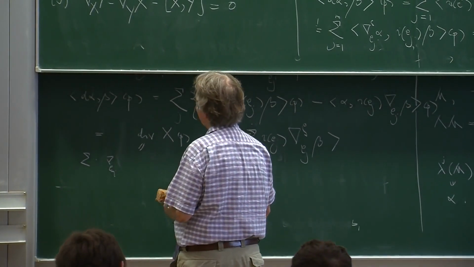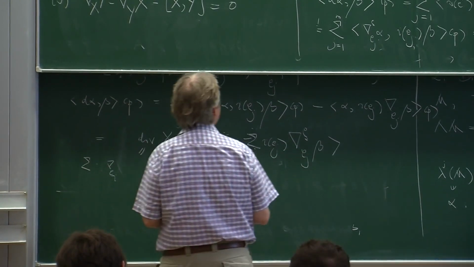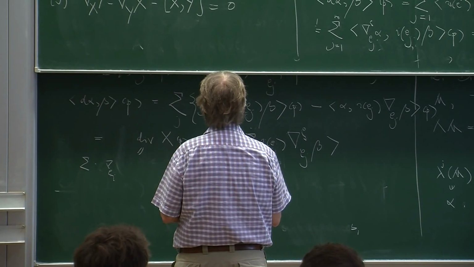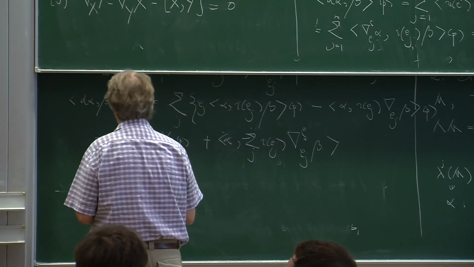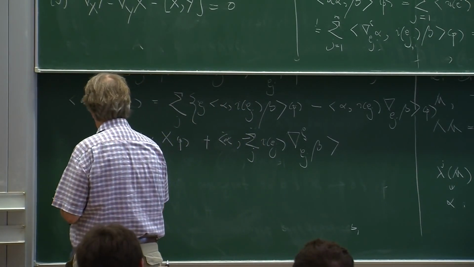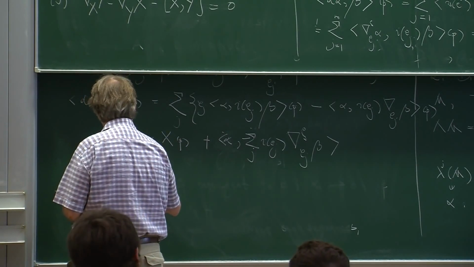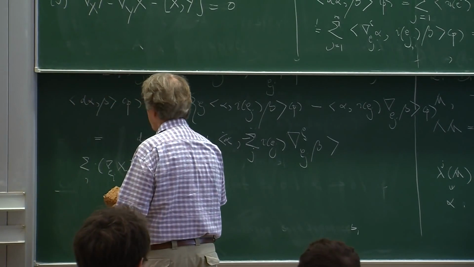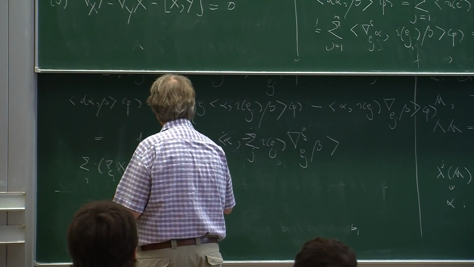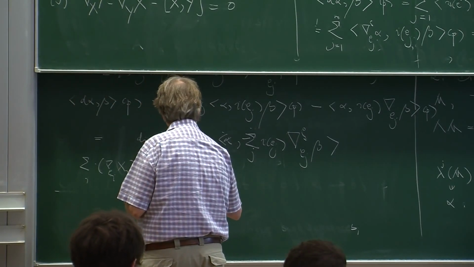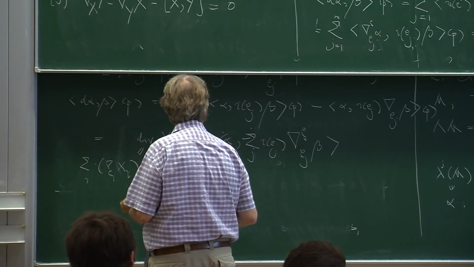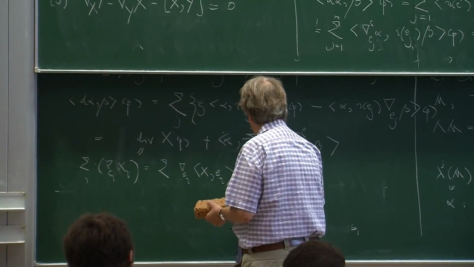Not that I confuse something again. This is nabla EI xi. So this is nabla EI of x EI.